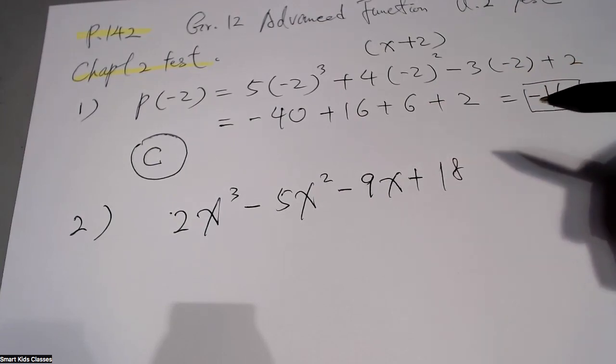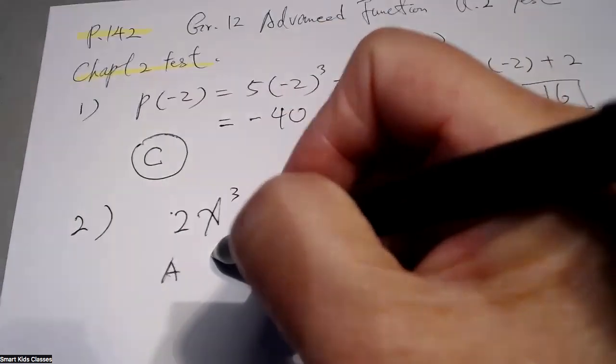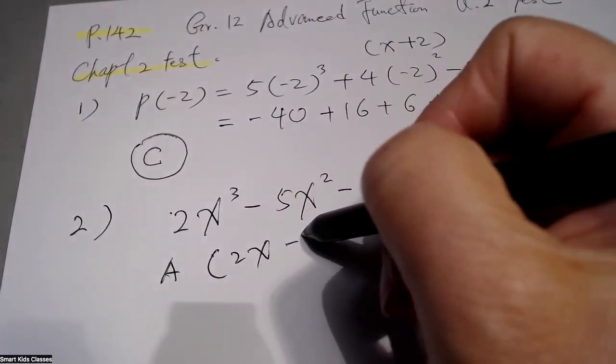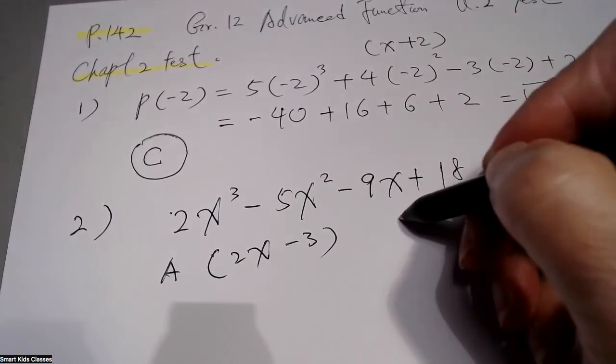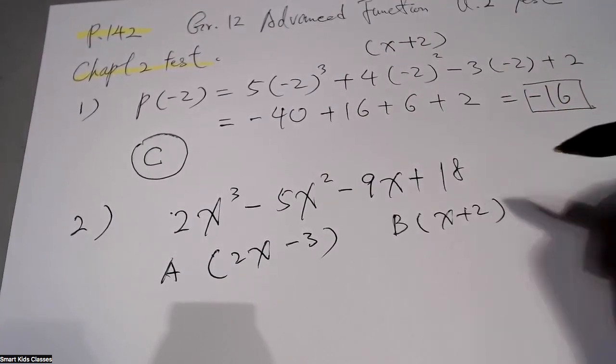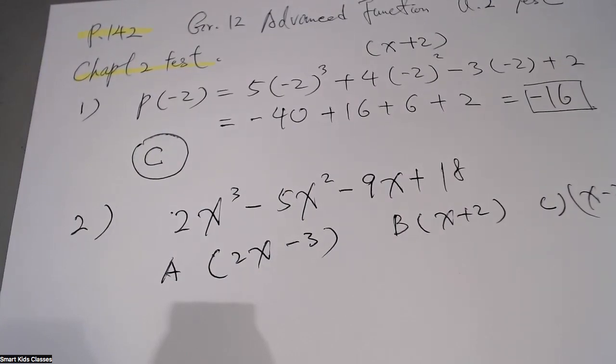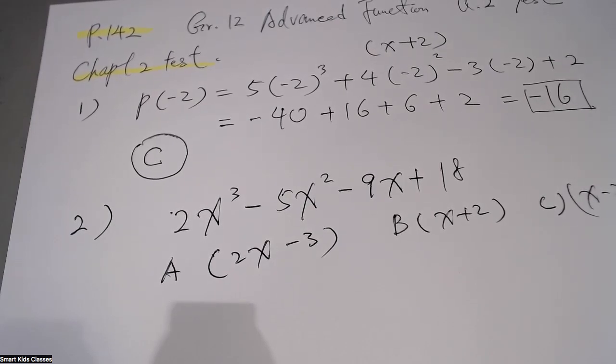The first one given to you is A, we have 2x - 3. Then B, we have x + 2. Then C, we have x - 2. And then D, we have x - 3. So which one is not?